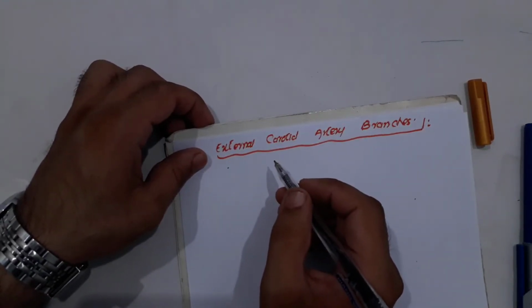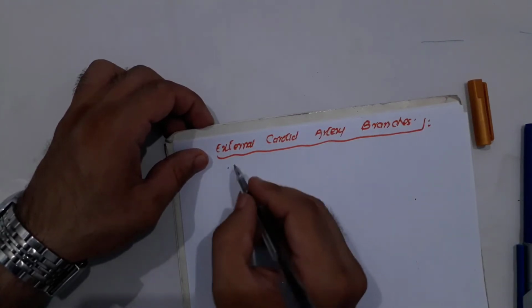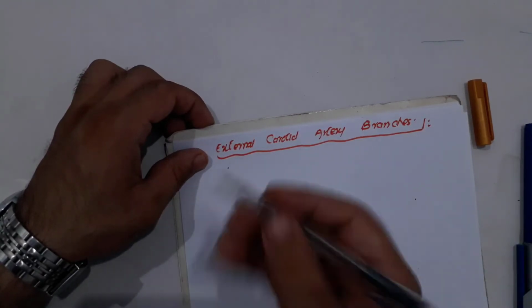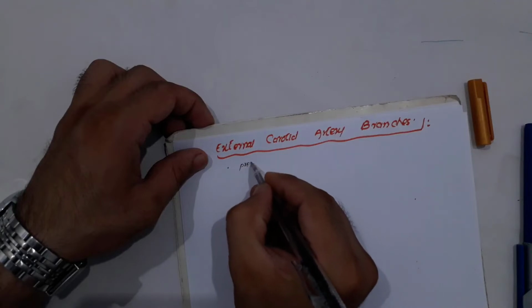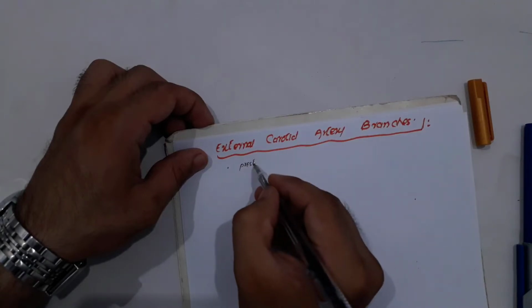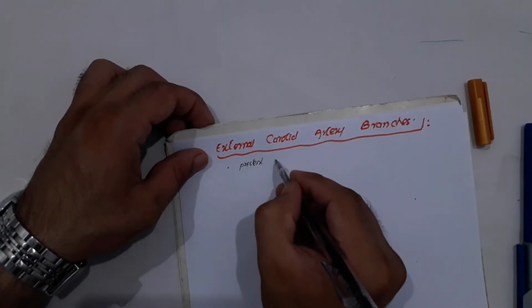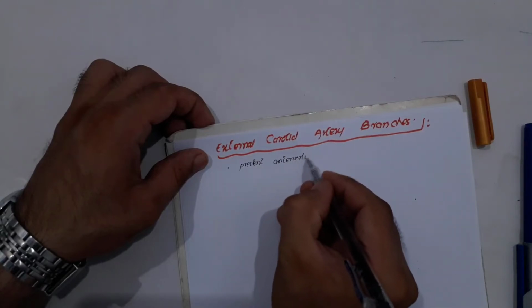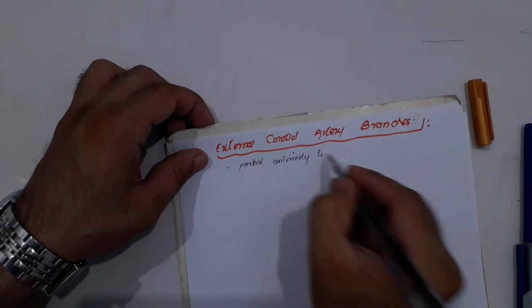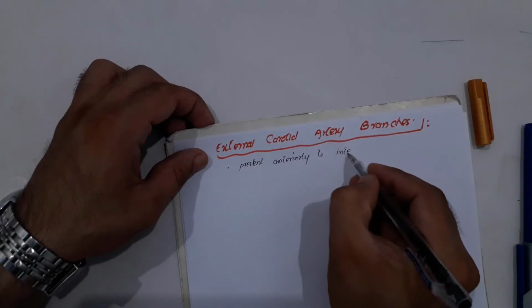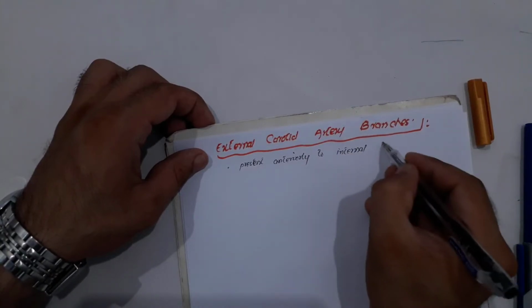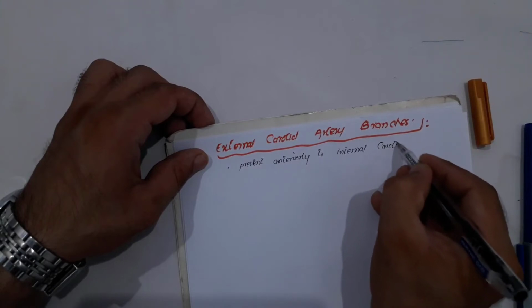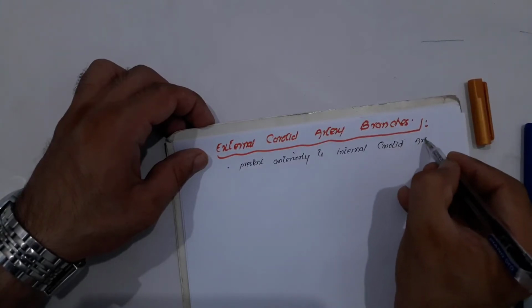External carotid artery is present anteriorly to, I will show you in the diagram, it is present anteriorly to internal carotid artery, right? Internal carotid artery.